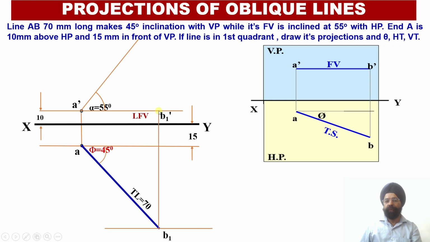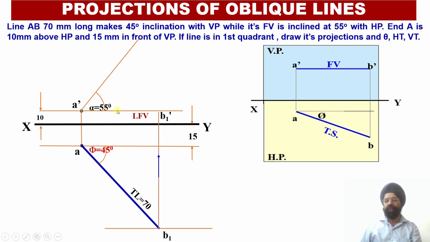Wherever this vertical projector and this horizontal locus line intersect, I will obtain the point B1 dash. The direction of marking this projector line I have marked over here. I have drawn a perpendicular from B1 onto point B1 dash, on the horizontal locus line corresponding to the point A dash.